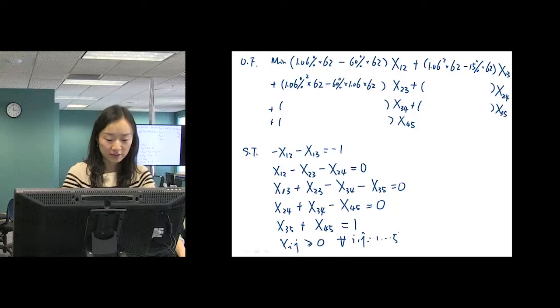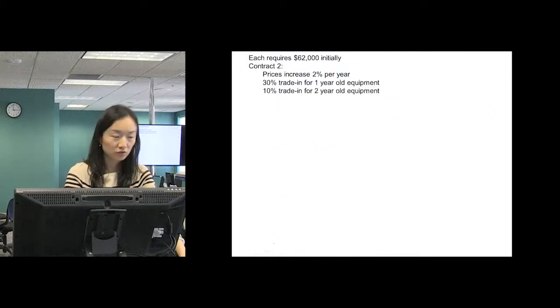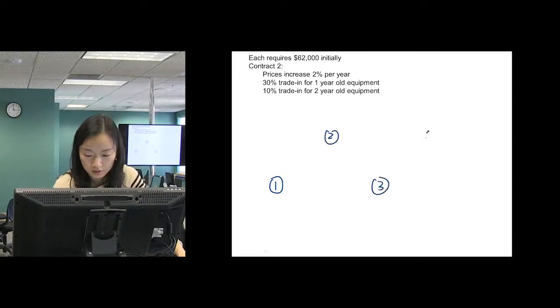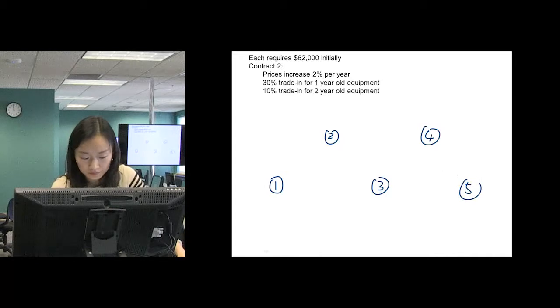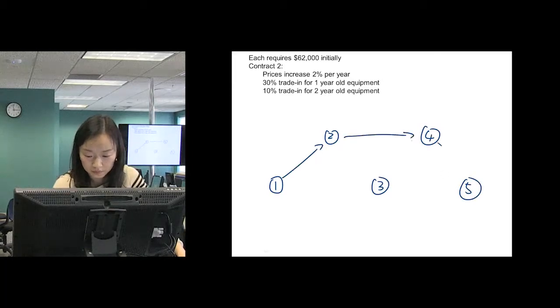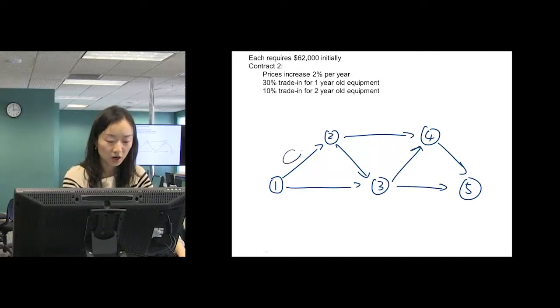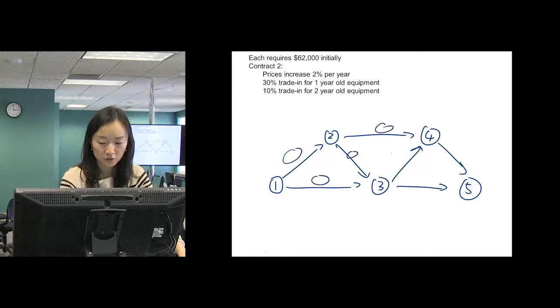And what we're going to do is that for contract 2, we do the same thing. So we create this network, 1, 2, 3, 4, 5, for contract 1. And the difference would be the credit that happens on those arcs and the cost that happens on each of those nodes.